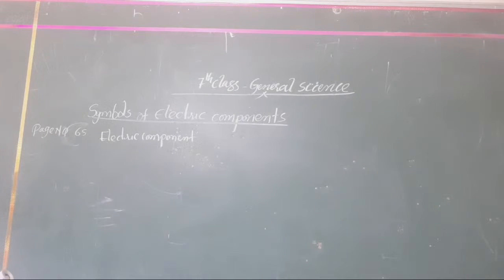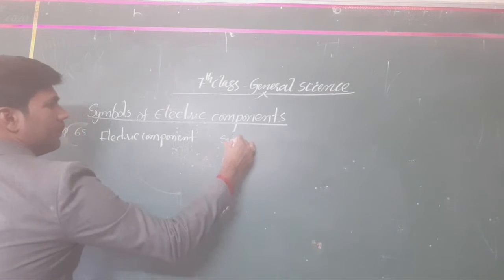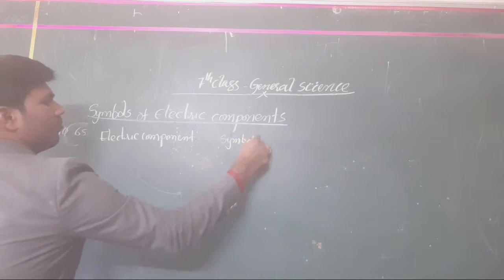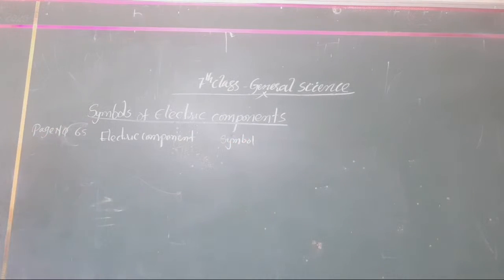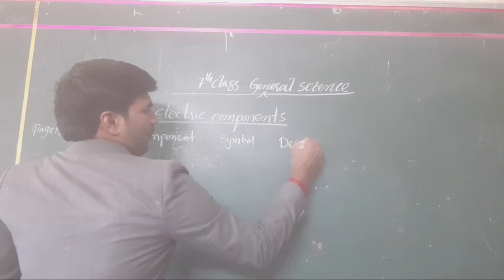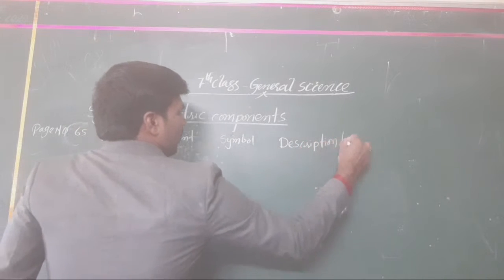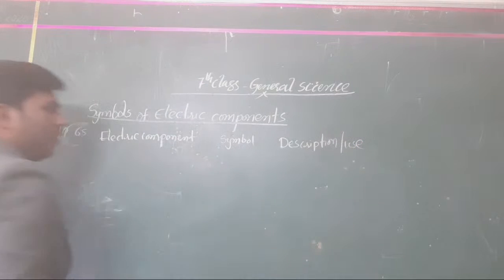What its use is, is also given. That is the symbol, and the next column is the use or description. Okay, clear or not, all the students? It is a description or use.